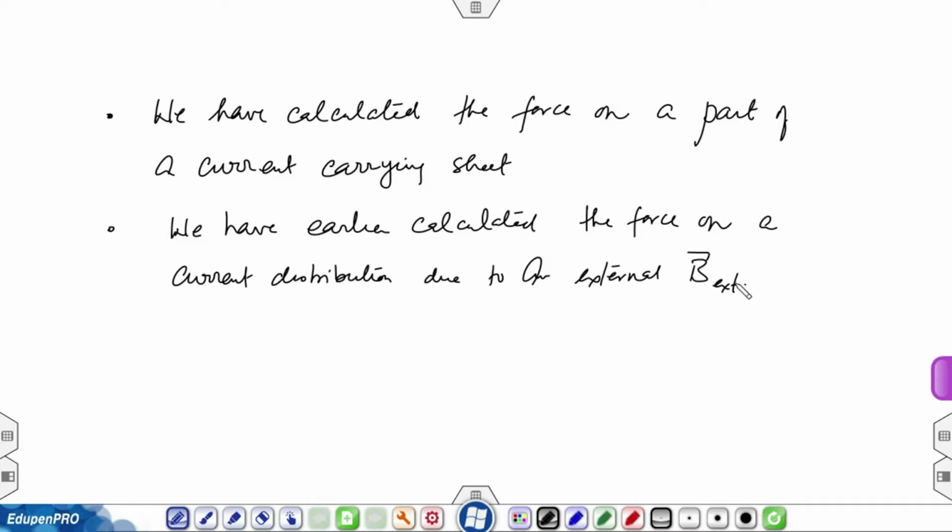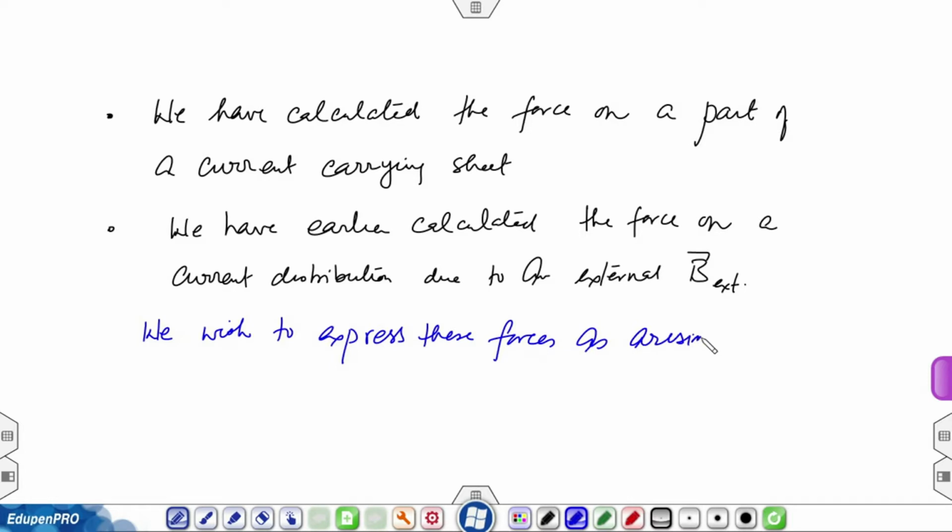What we want to do now is write this whole thing as a force arising from some sort of a stress. So, we wish to express these forces as arising from a stress produced by magnetic field.